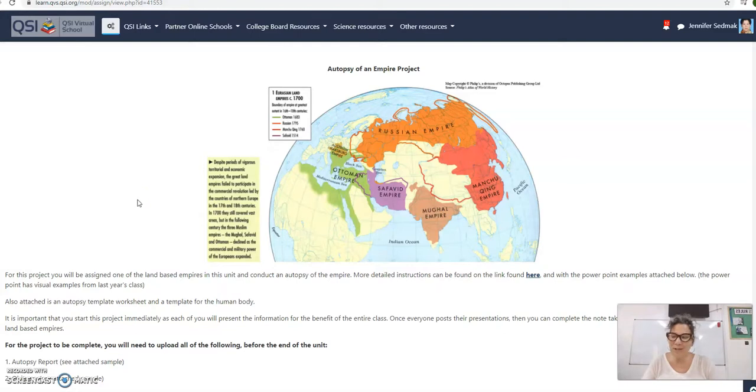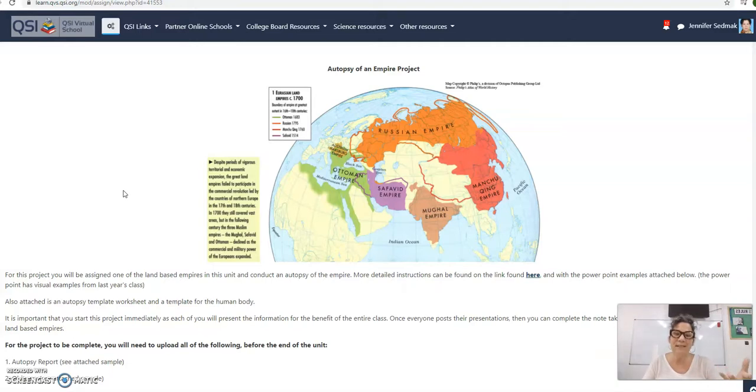If you understand what an autopsy is in real life, it's the medical procedure that doctors conduct on people after they die to determine the cause of death. And I'm asking you to do that for the empire that you have been assigned.